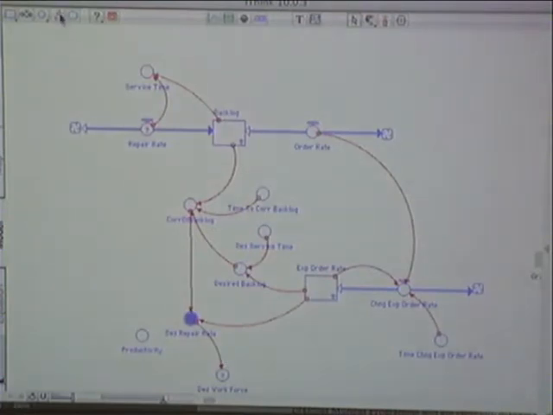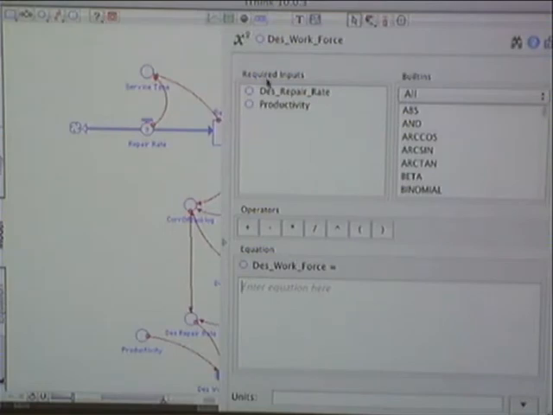And I take the desired repair rate and I divide by the productivity, which gives me exactly what I want. Desired repair rate, bicycles repaired per day, over the productivity, bicycles repaired per person per day. I'm left with persons.